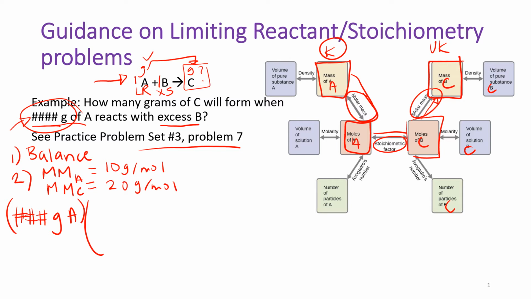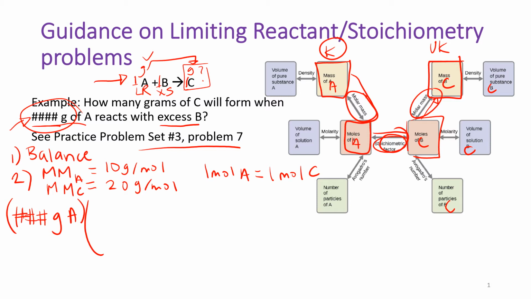Finally, you also need your stoichiometric factor. Our stoichiometric factor in this case is that 1 mole of A reacts to form 1 mole of C. So I'm keeping it simple, but your stoichiometric factor all it does is it comes from those coefficients.